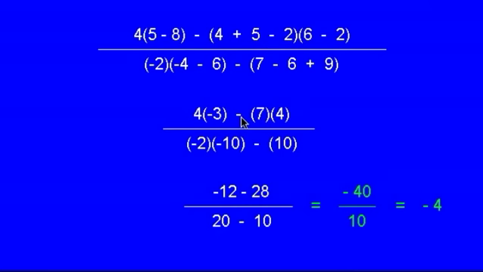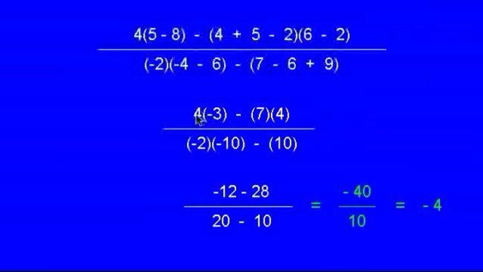We keep the negative sign. 6 minus 2 is 4. Minus 4 minus 6 is a minus 10. We keep that subtraction. And 7 minus 6 is 1 plus 9 is 10.